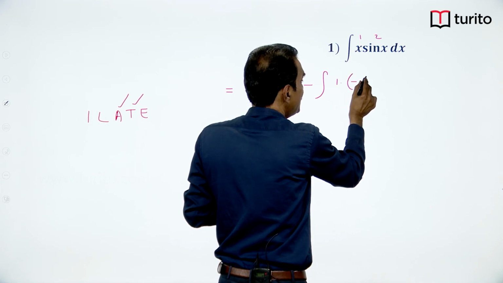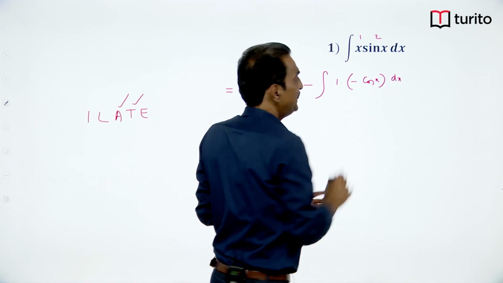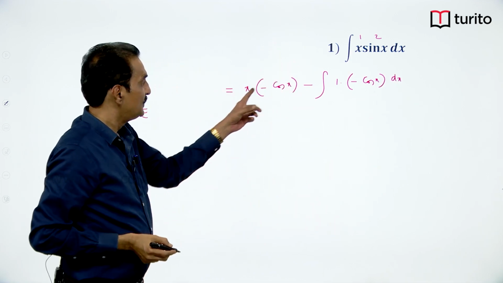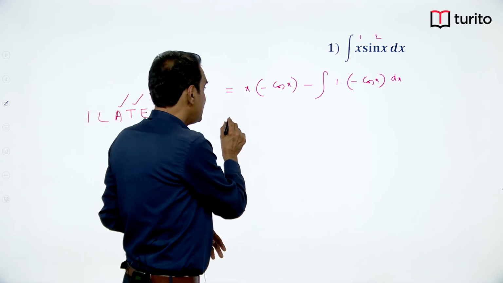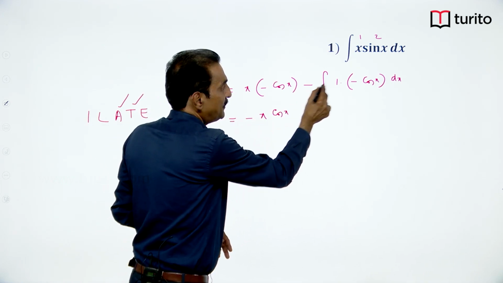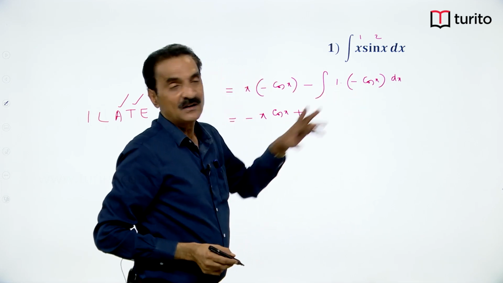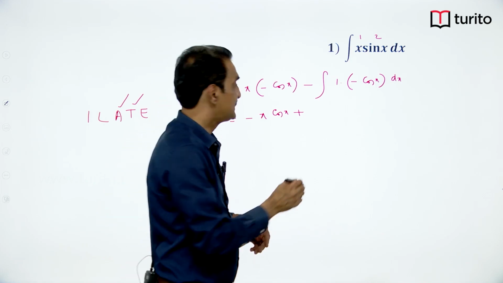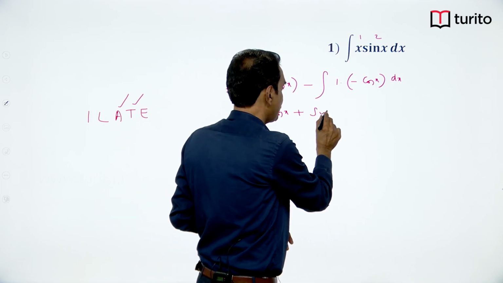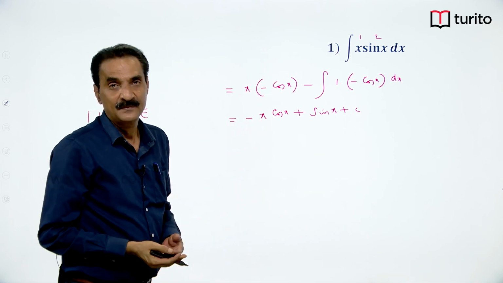Integral of the second function is minus cos x into dx. Now, x into minus cos x is minus x cos x. Minus of minus is plus. What is integral cos x? Sin x plus c. That is all.